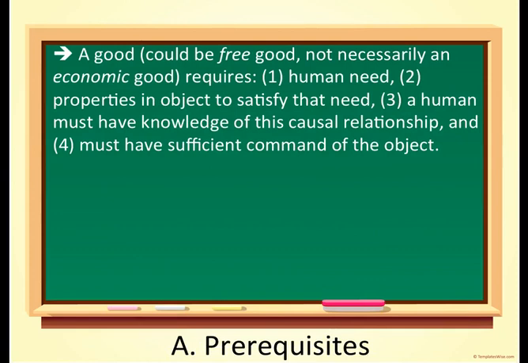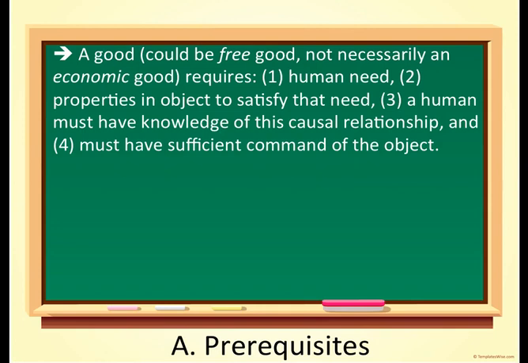Number one, there has to be a human need or a desire that's unsatisfied. Number two, this object must have certain properties that could satisfy or at least partially diminish that human need. Three, the human mind must grasp this causal connection, right?